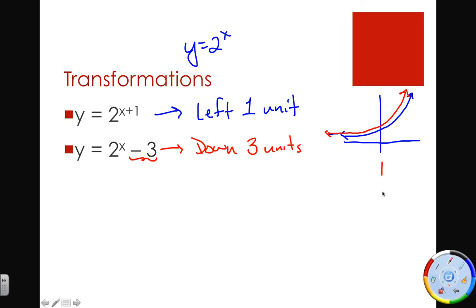So likewise, we would take our blue function there, which is 2 to the x, and we would just move everything down 3 units. So there's 1, we'd come down here and look like this. Notice the function still looks exactly the same. The horizontal asymptote, by the way, would also move down 3 units to y equals -3.